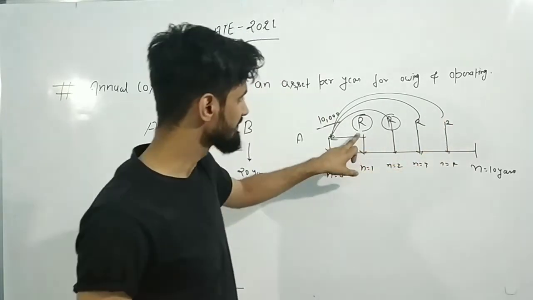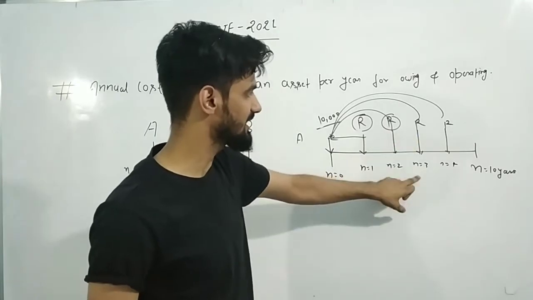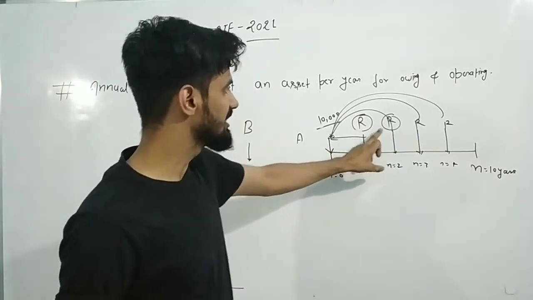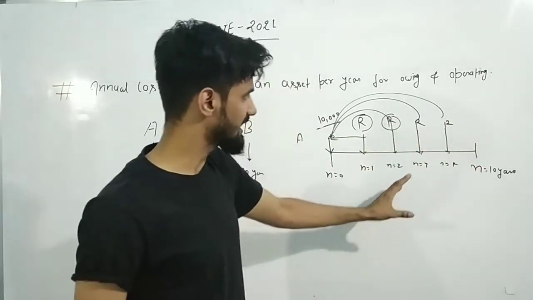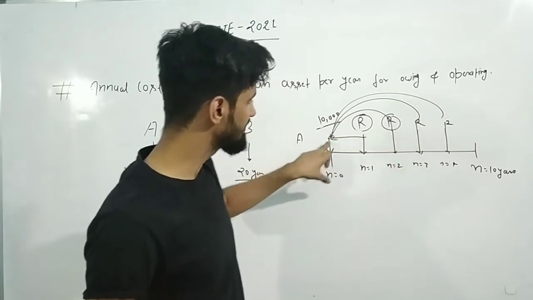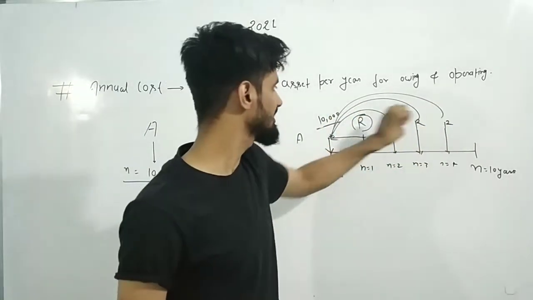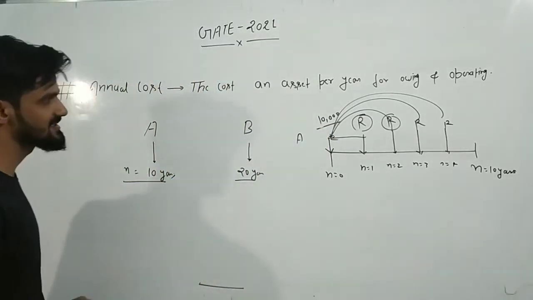Here you will see there is a value of R at n equals 1, a value of R at n equals 2, a value of R at n equals 3. You are getting the amount R as a series of payments in particular years, and if you convert all these R values into present value, then after adding all these values you will get the initial amount of that asset. How will we do it? Just understand one thing.